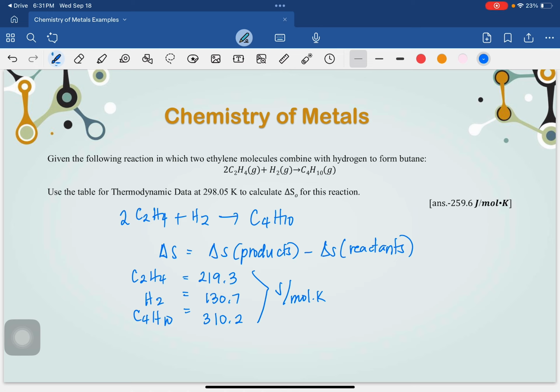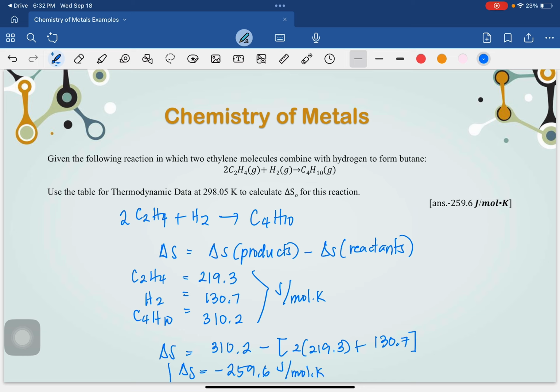Okay, and we can just go straight in getting the entropies. So delta S is 310.2 minus 2 times 219.3 plus 130.7, and delta S is equal to negative 259.6 joule per mole Kelvin.